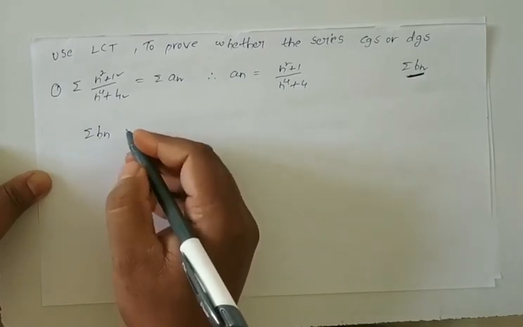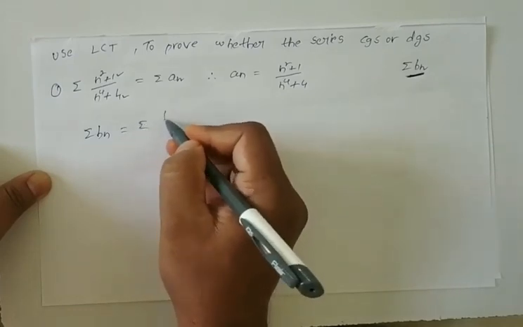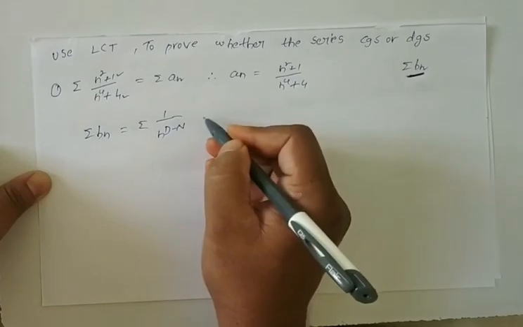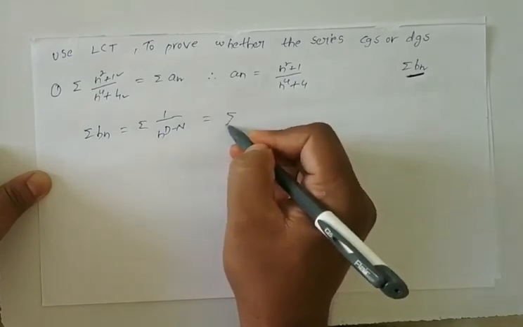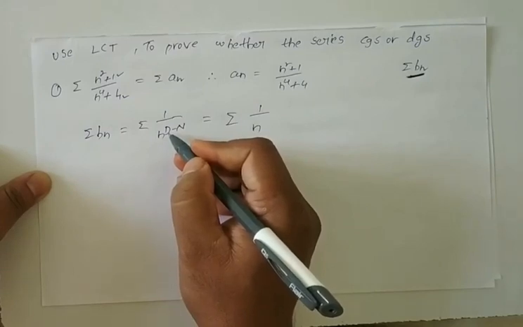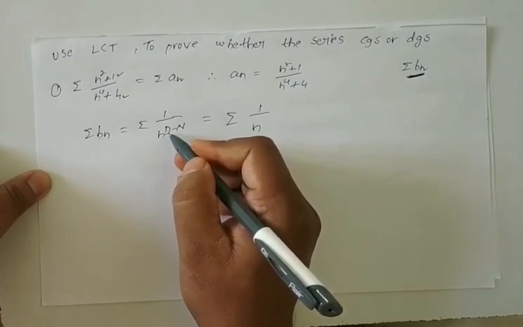here I am using a formula: summation Bn is equal to summation 1 by n power D minus N. Here, what is capital D? The highest power of the denominator in the series summation An.